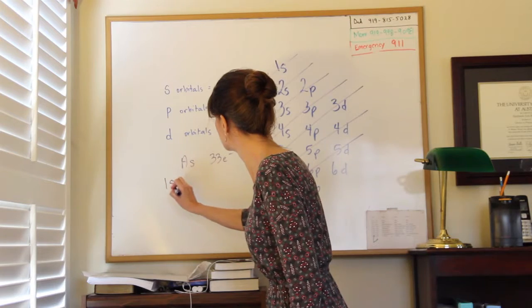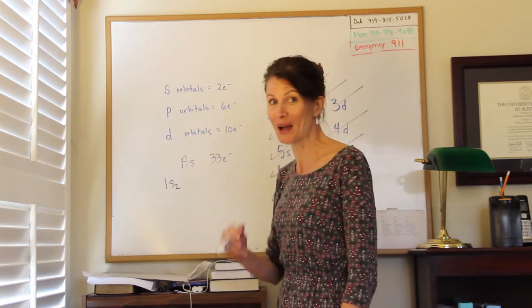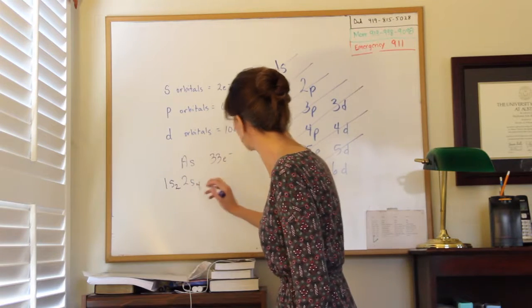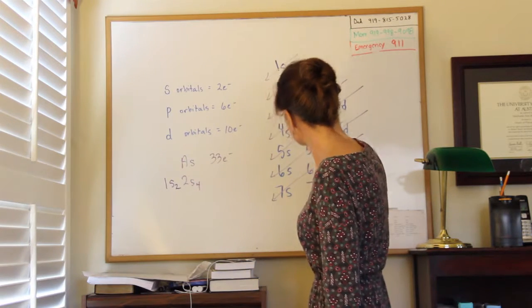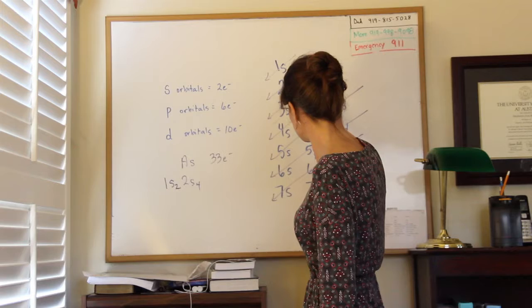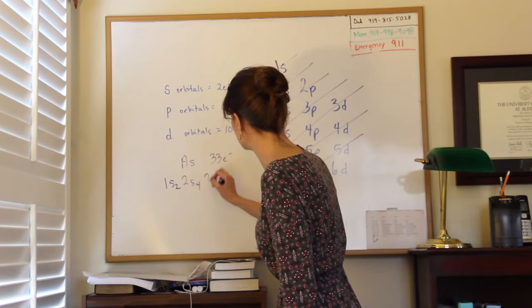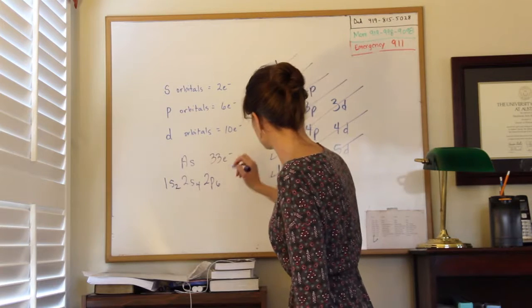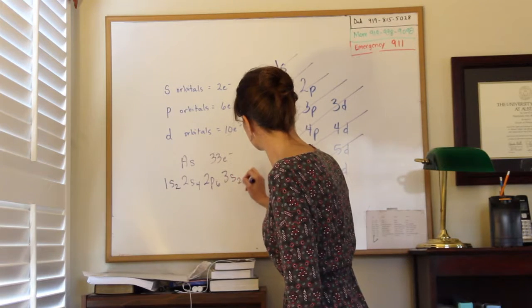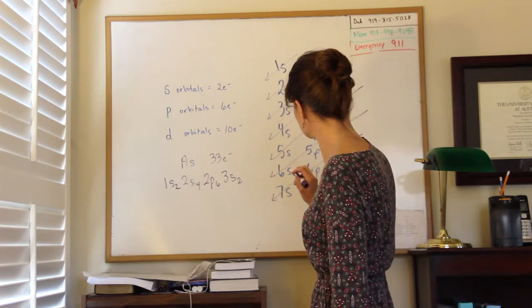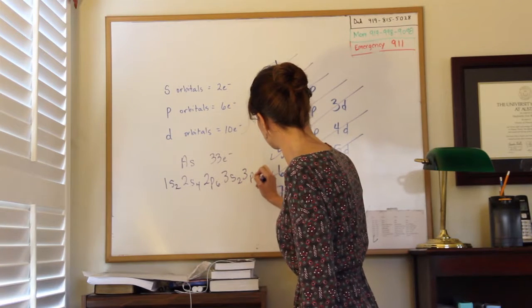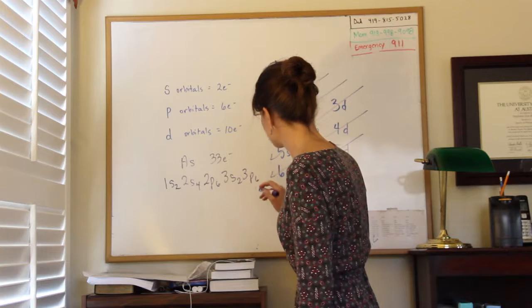1s2. Well, we got to 2. 2s2. Now we have 4. Now we're going to go after this one. Now we're going to hit 2p. It's our first p orbital. 2p, fill it up because we're going all the way to 33. Then 3s. I should have written smaller. 3p. 4s.